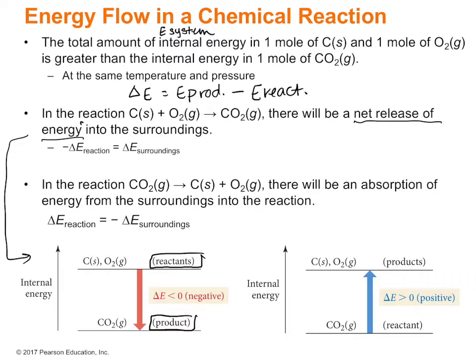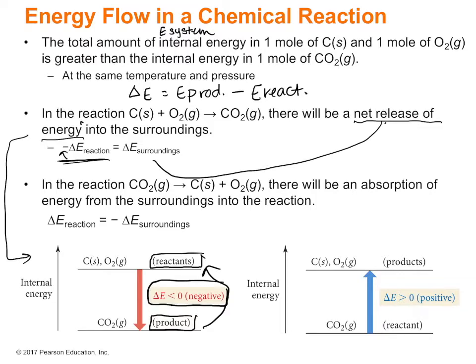So when you do products minus reactants, your change in energy is going to be negative, because the product's internal energy is lower than the reactant's internal energy. Therefore, the energy of the reaction is going to be negative, because energy was released into the surroundings.